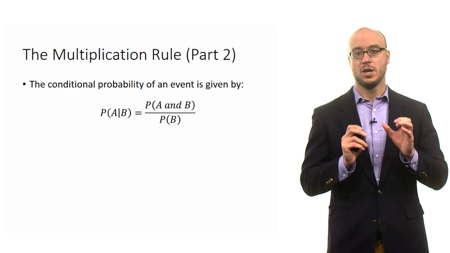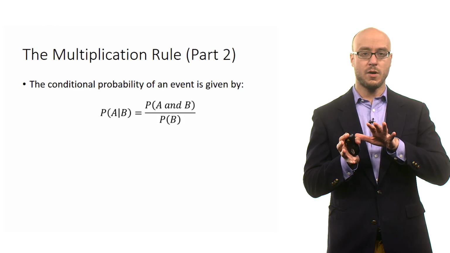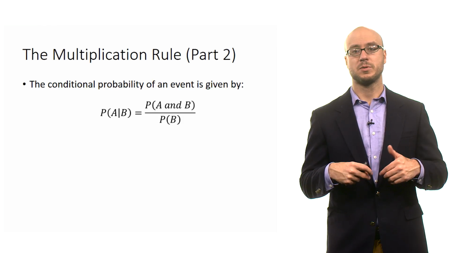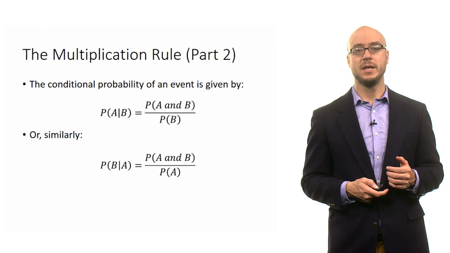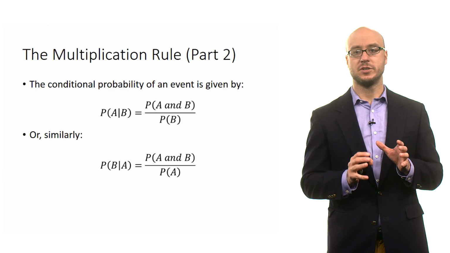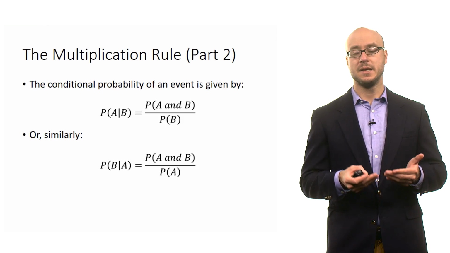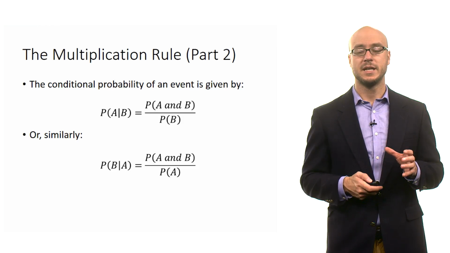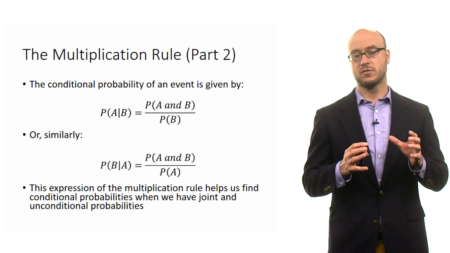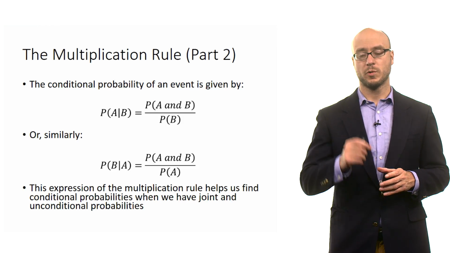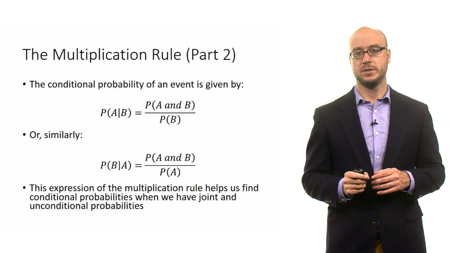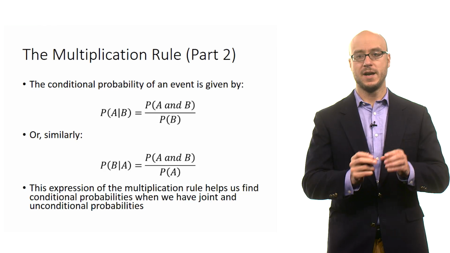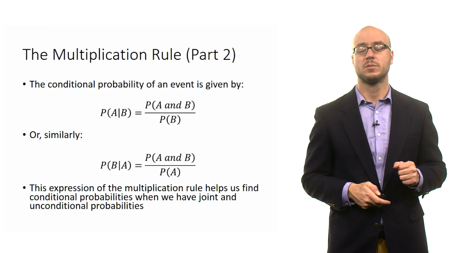So you can say the probability of A and B divided by the probability of B equals the probability of A given B. In a similar fashion, the probability of A and B divided by the probability of A gives you the probability of B given A. We like to use this version when we're given some joint probability and an overall or unconditional probability, and we want to find specific conditional probabilities.